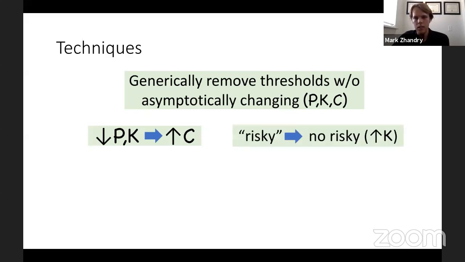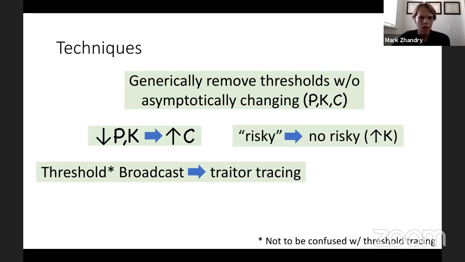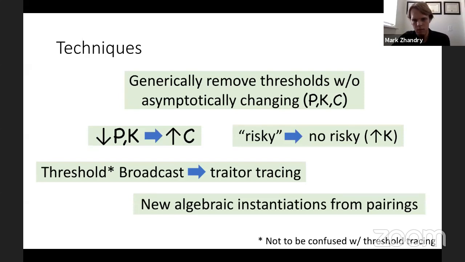We consider something called risky tracing, which is another weakening of traitor tracing. We show how to eliminate this weakening at the cost of larger secret keys. We show a way to convert something called threshold broadcast into traitor tracing, and we give a number of new algebraic instantiations from pairings. So that's the end of my summary.